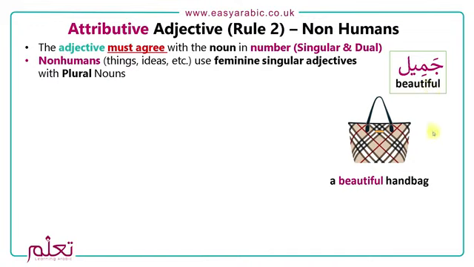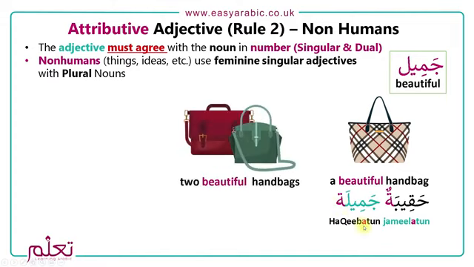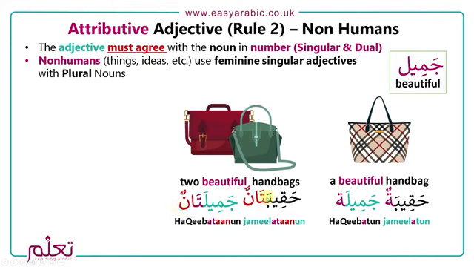Here the word is jamilun, jamil, which is beautiful. So a beautiful handbag. A handbag is حقيبة. Because this ends with ta marbuta, we add it to the adjective, so حقيبة جميلة. Two beautiful handbags will be حقيبتان جميلتان.